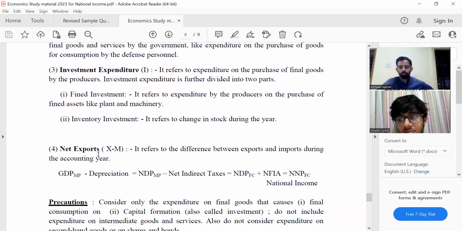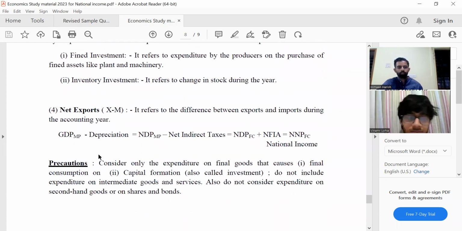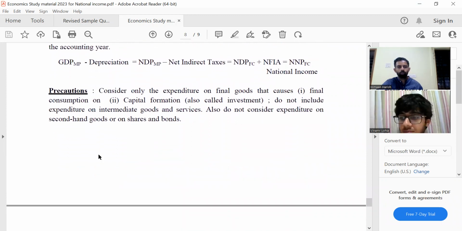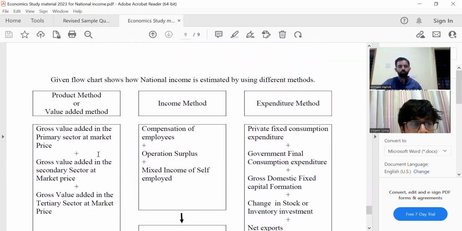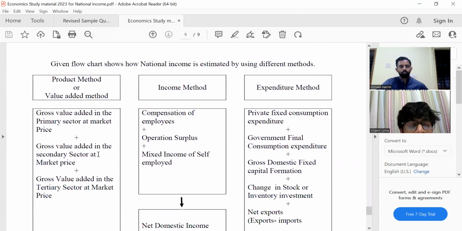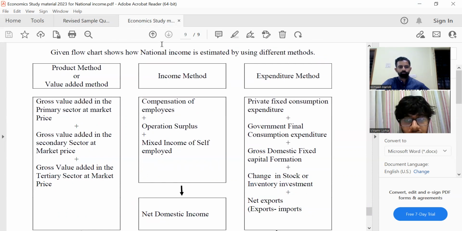C plus I plus G plus X minus M. Yes, it's net X. So there are precautions on what is to be included in the expenditure method also. This is the flow chart which is estimated for the national income.